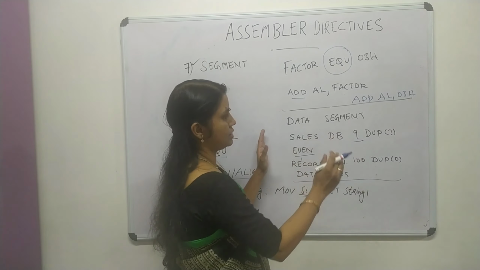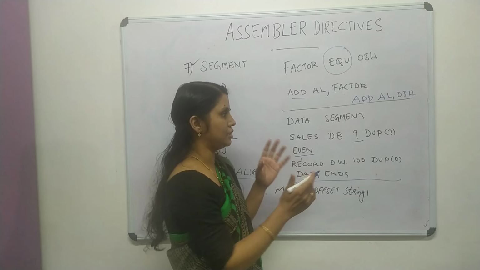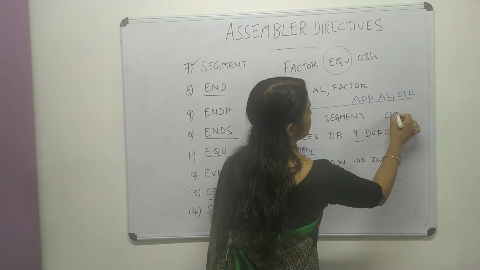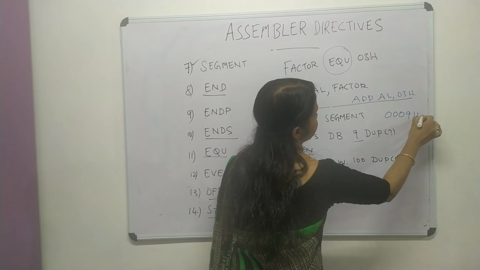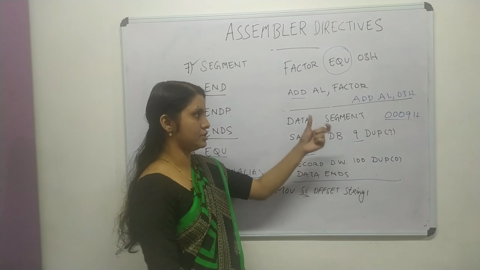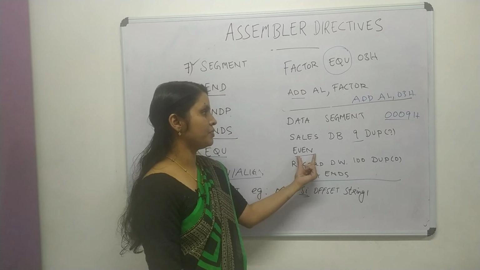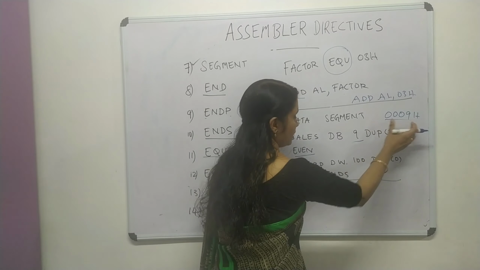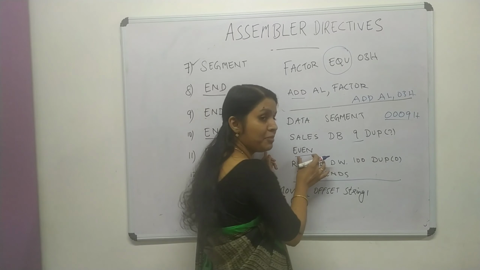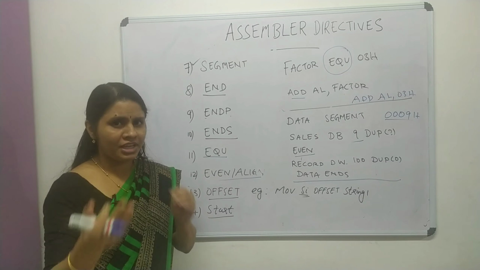Before that, just assume that our segment is starting at 0009H. This EVEN directive increments the location counter to an even address.